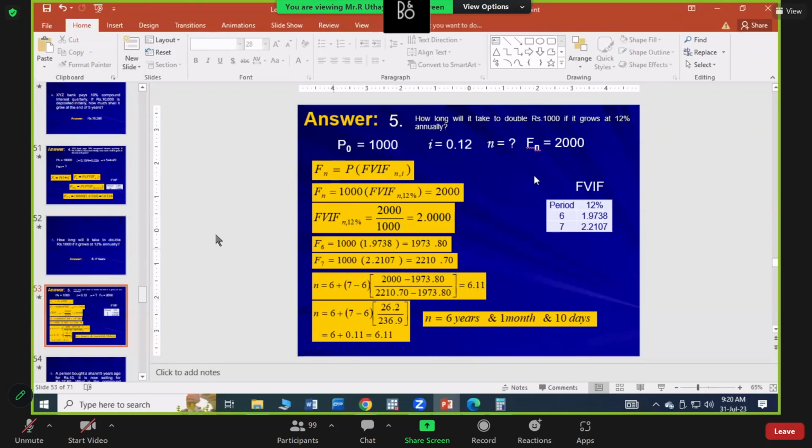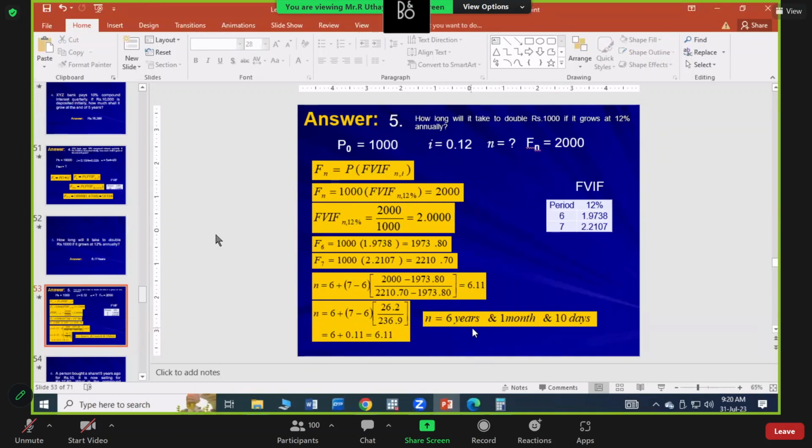So you must give some more steps in getting your answer. After substituting this, you want to show in the next step what the summary of it is. So you separate that 6 plus 0.11 is the linear interpolation.